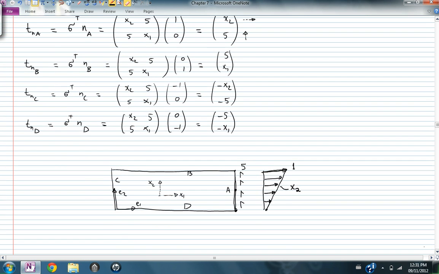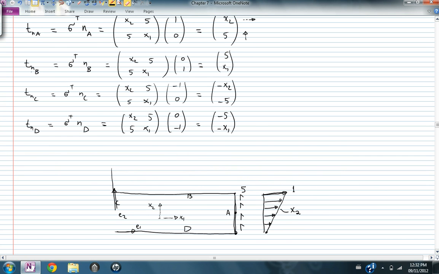Okay, now what about the surface B? The surface B, the horizontal is equal to 5, and the vertical is equal to x1. So the horizontal stress is equal to 5.